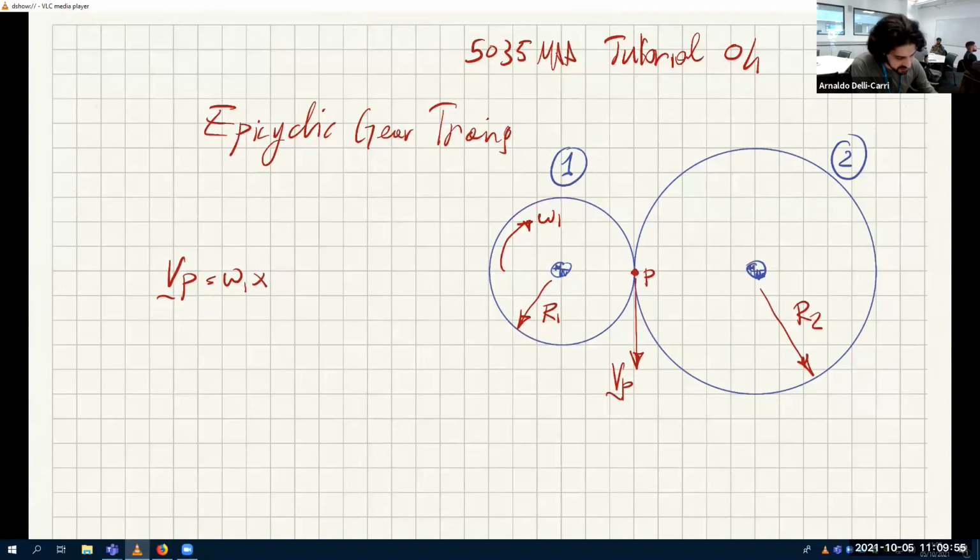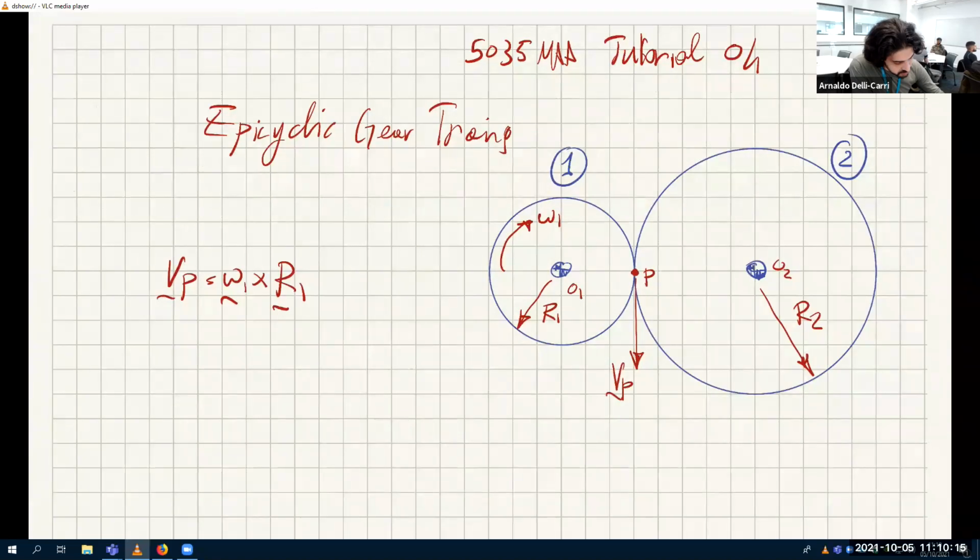Now the fixed point here is O1, the fixed point here is O2. So this is omega 1 times the distance between O1 and P, which is the radius of the first gear. This is what we know. And this is, of course, a cross product.